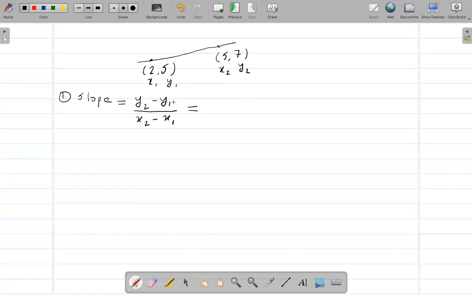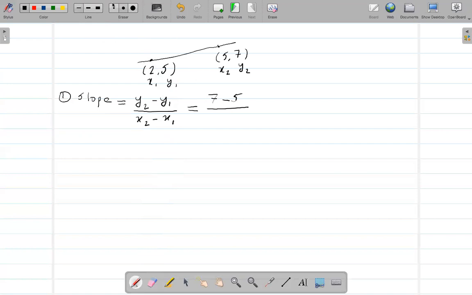So y2 is 7 minus y1 is 5 over x2 is, let's do this. Let's say x2 is 4.